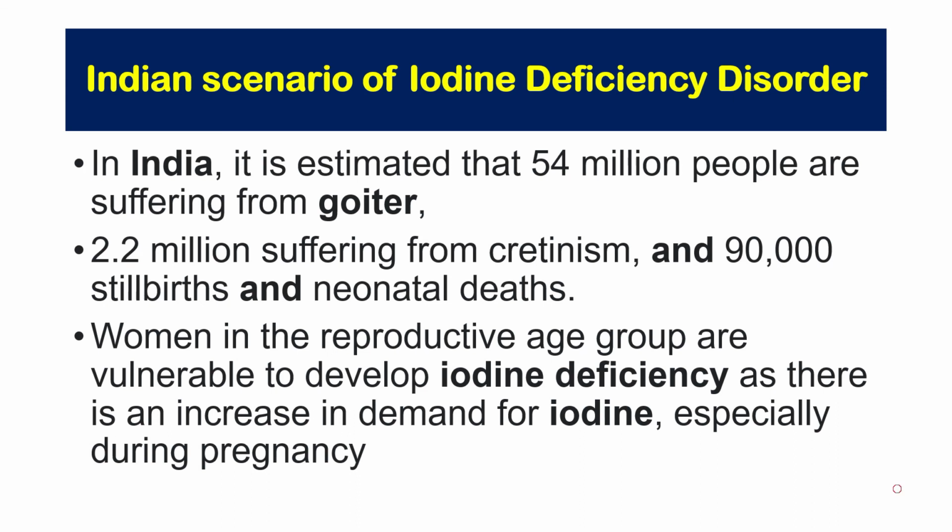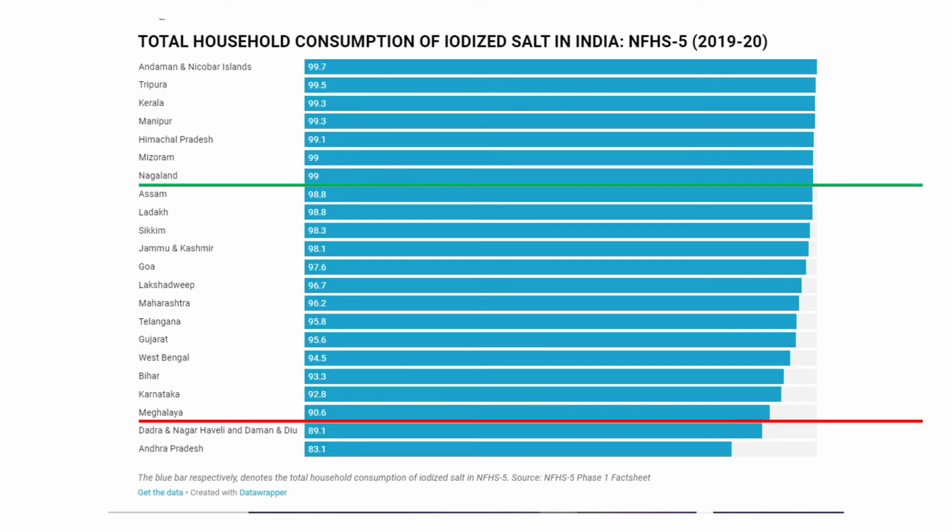newborns. However, over the years, it has been seen that the consumption of iodized salt in India has increased over the decades. If we look at the latest figures provided by NFHS 5, many of the states have almost 100% consumption.